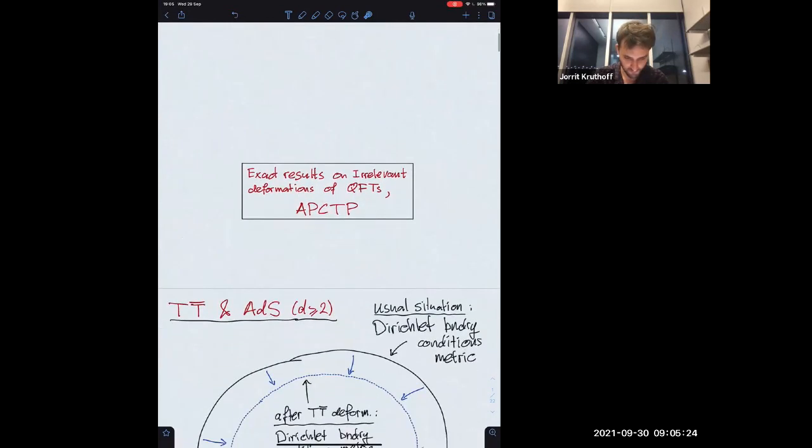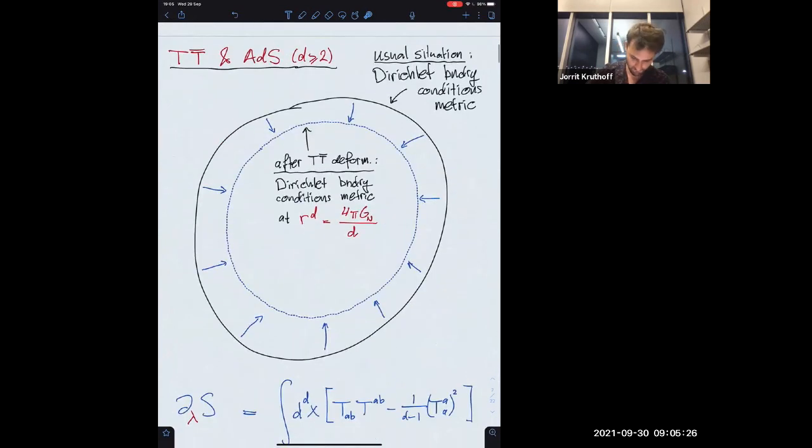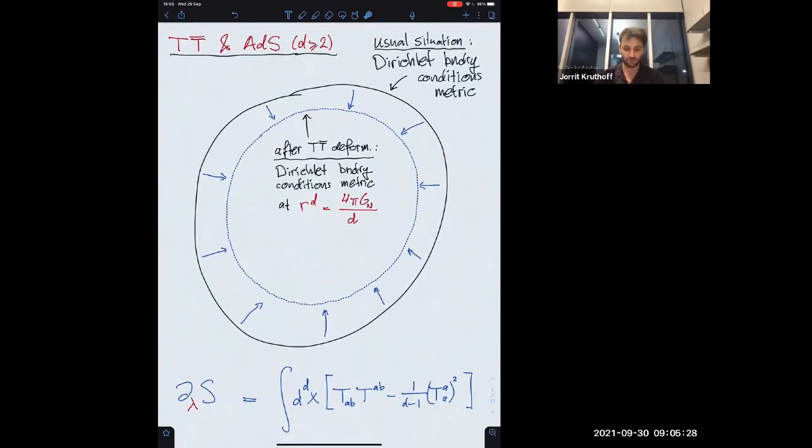So the first part will just be a brief recap of what the proposal of finite cutoff holography and its relation to TTbar is. And this works in any dimension, although in 2 dimensions it's the most rigorous, and 1 dimension as well.